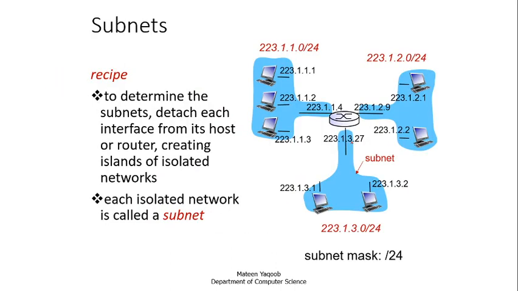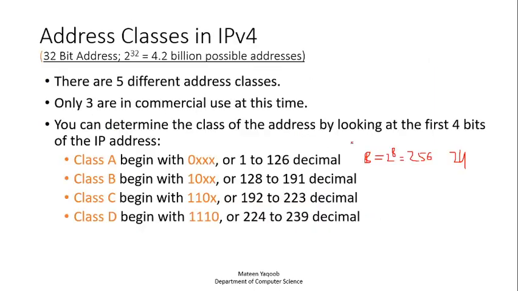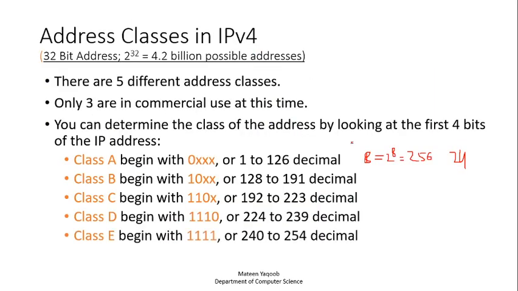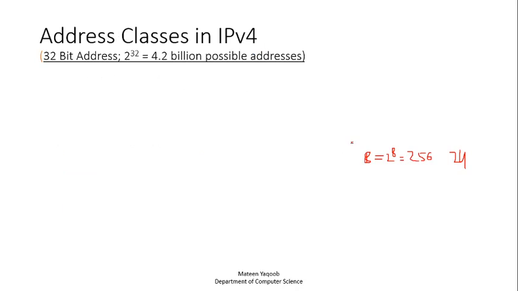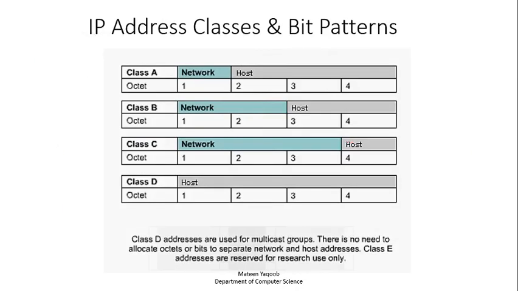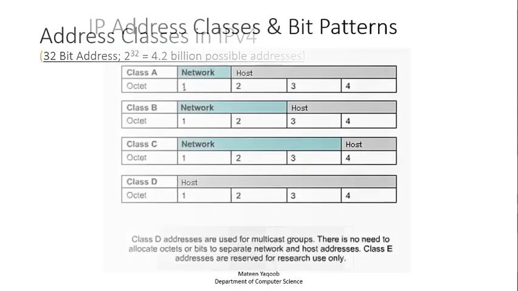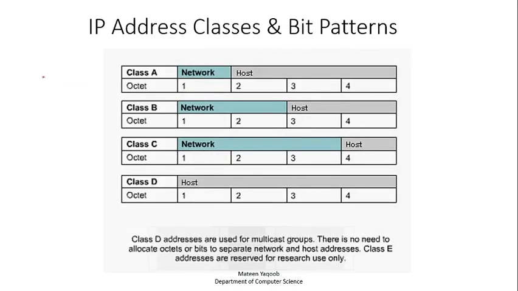And in this case you can see the subnet mask. I forgot to mention, in IP address there is a subnet mask. Let's discuss it here, so it will be appropriate if we discuss it. So the starting IP address for class A is 1, and it can end up to 126.